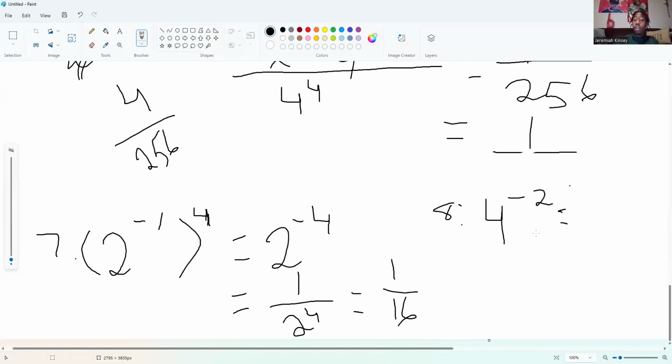Like we've done in the previous 7 problems, how do we get rid of that negative exponent? We're going to find the reciprocal, because this is over 1, so we flip it and change the sign of the exponent, giving 1 over 4 squared. Simplify 4 squared, 1 over 16.